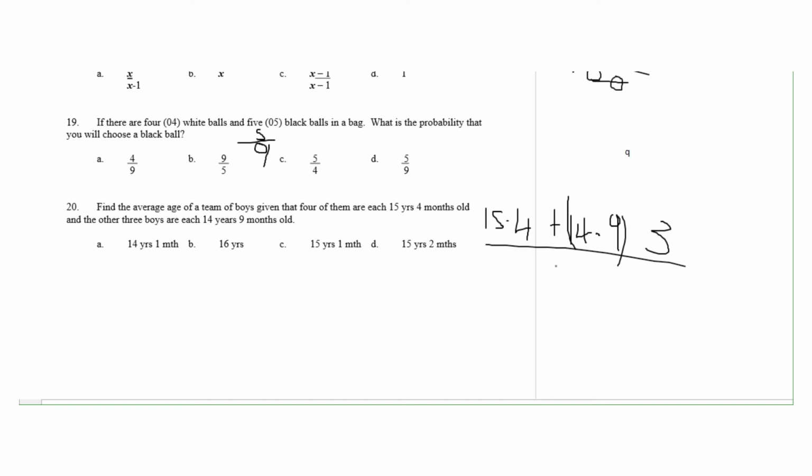So after simplifying it out, we're supposed to get 50 years and 1 month.